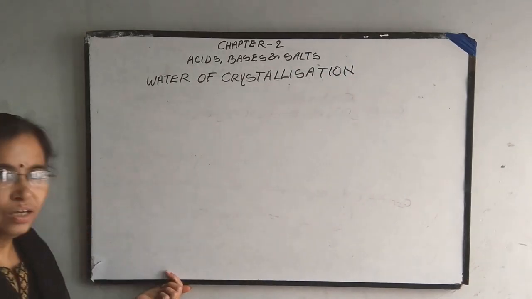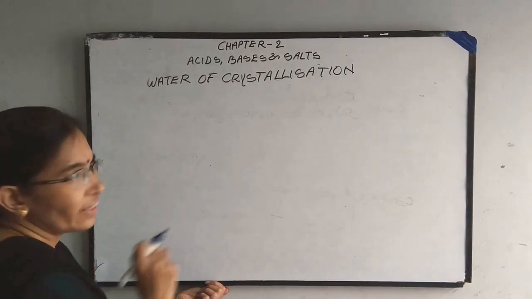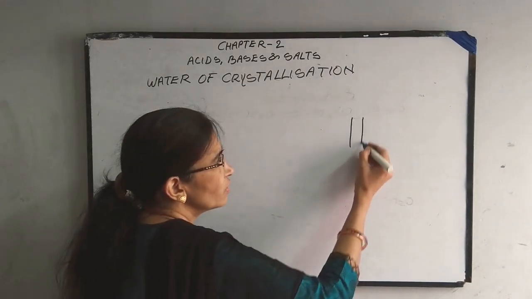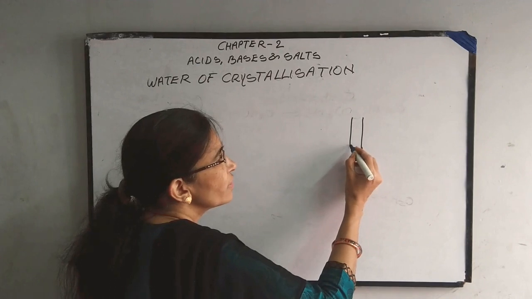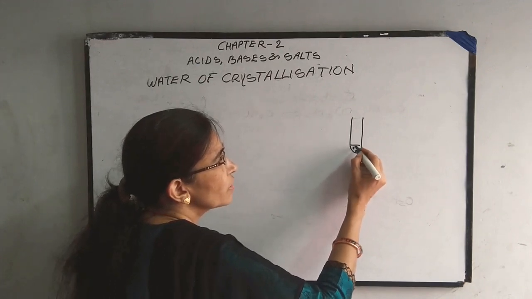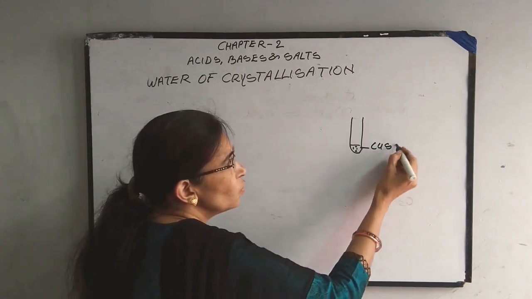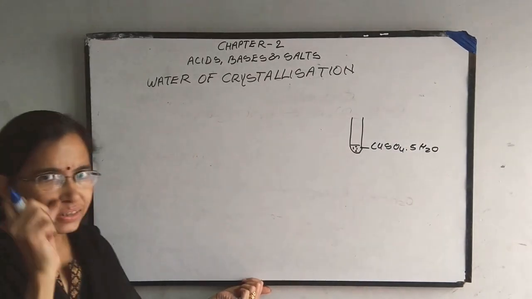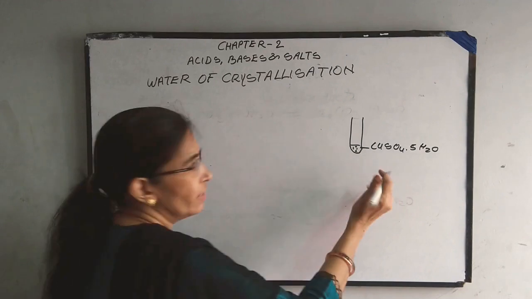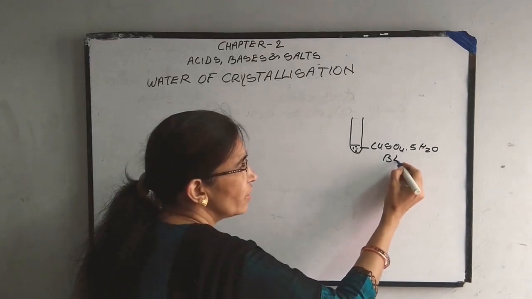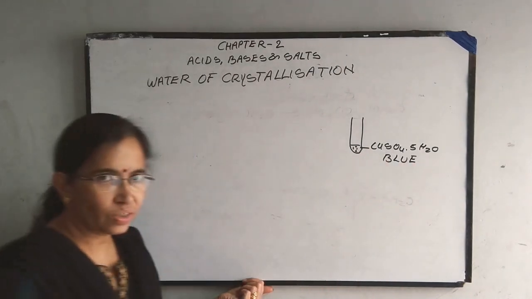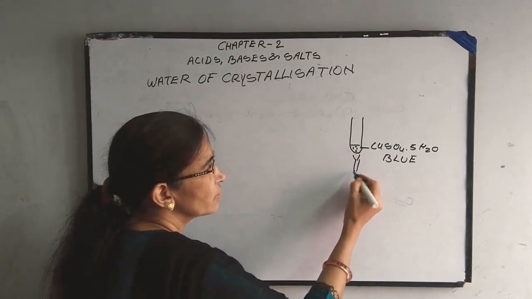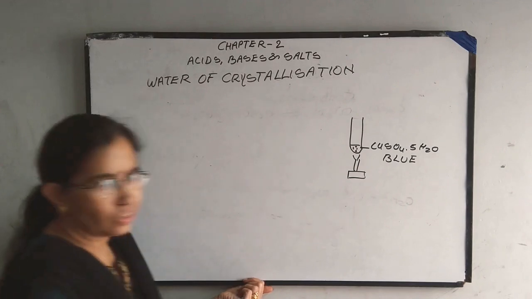For that we are going to do one activity. In the activity, we take one test tube and put some crystals of CuSO4.5H2O in it. That is known as hydrated copper sulfate, and its color is blue. So we have taken the blue copper sulfate, and then we are going to heat it. We will do it practically also.